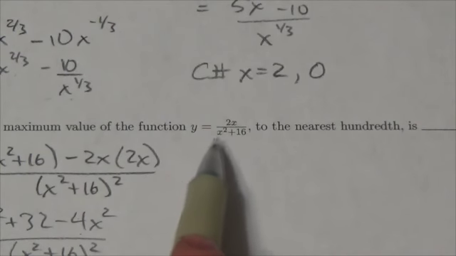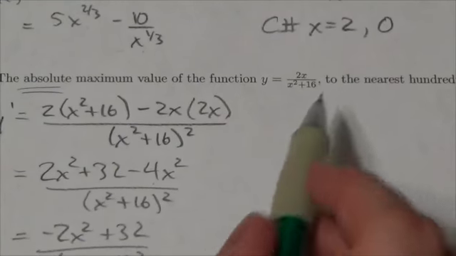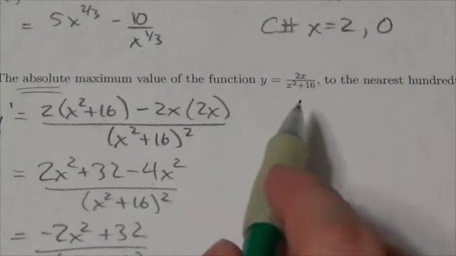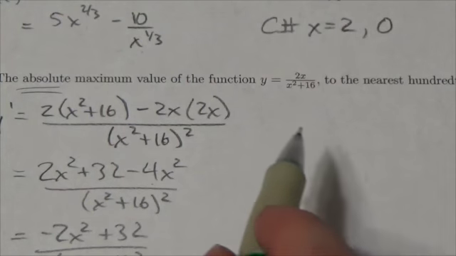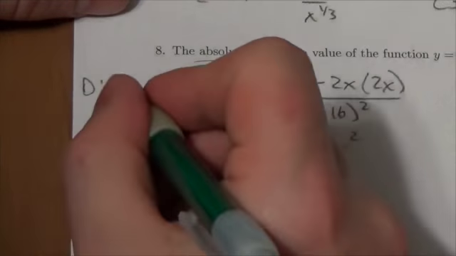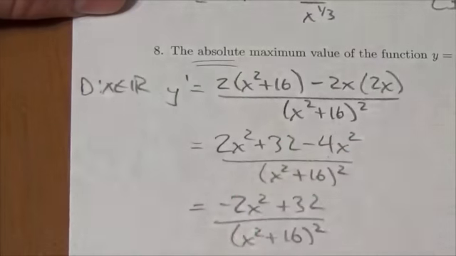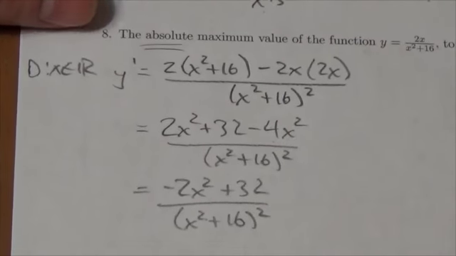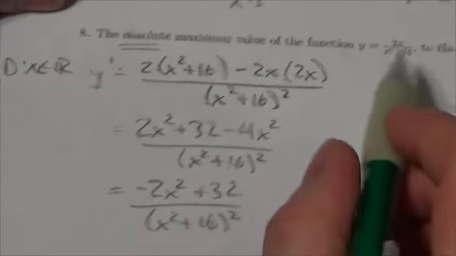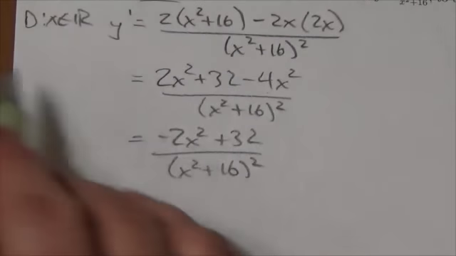Is there anything? No, I don't care what some of the geekier ones of you want to do here. We're not dealing with complex numbers, so no. The domain is going to be all reals. Don't worry about where it's complex numbers. It's all reals.